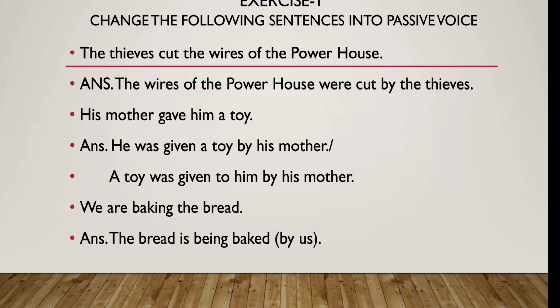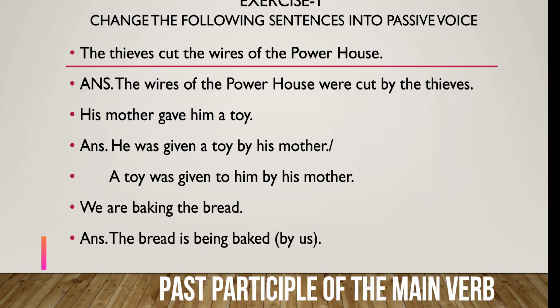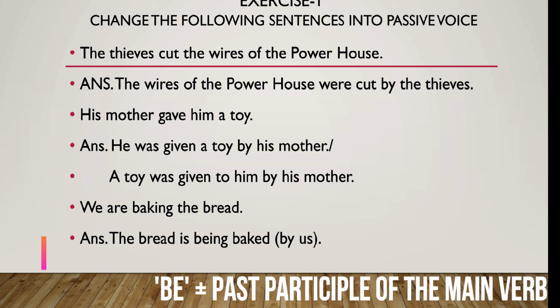So, by the thieves. The rule number 3, the change in the form of the verb. In this sentence, there is the past simple tense. Don't get confused because the word cut, its second form of the verb is the same, cut. So, in the past simple, the passive verb form is was or were plus third form of the main verb.